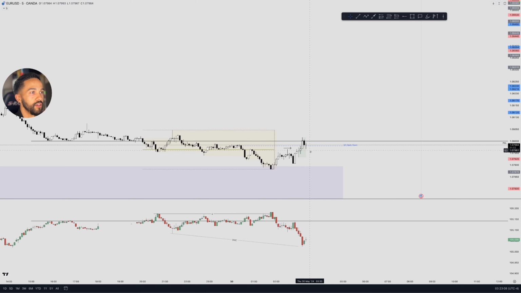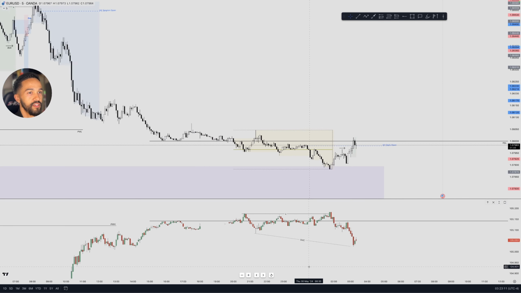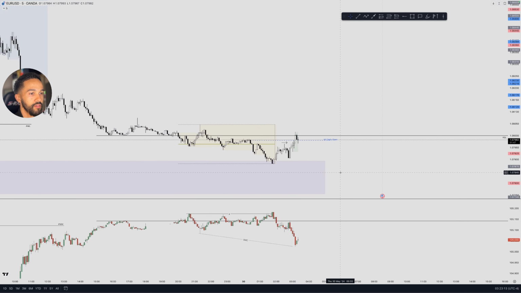I do think what I would prefer to see, just to play it a bit safe, is another breaker structure, just unfortunately, because I don't like trading mitigated order blocks and things like that.